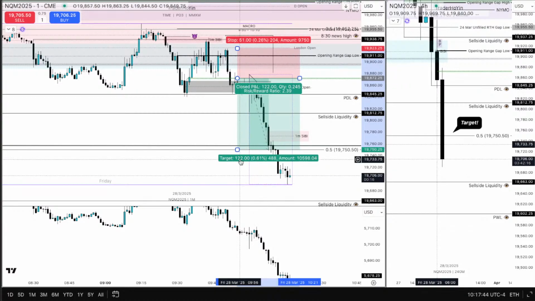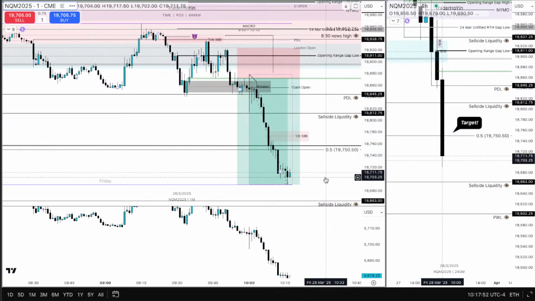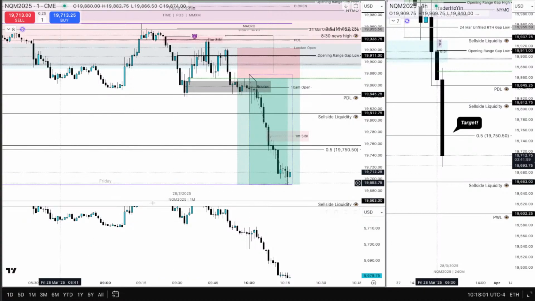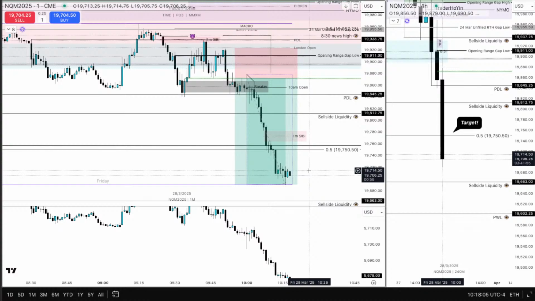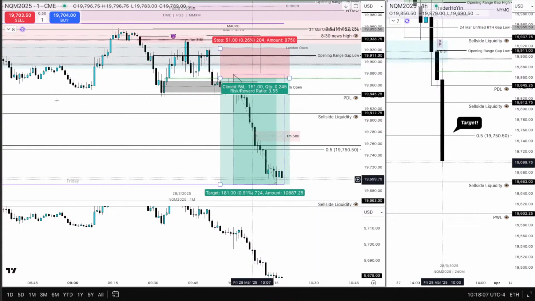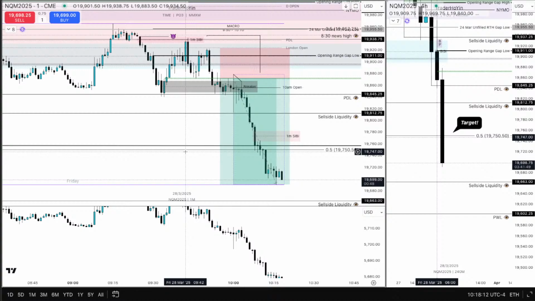Because price is fractal. If you look at the higher time frame chart, what happens in the higher time frame happens in the lower time frame as well. So if you take away the price on the right hand side and take away the time, you don't know which time frame you're on, and you don't know which price you're on.